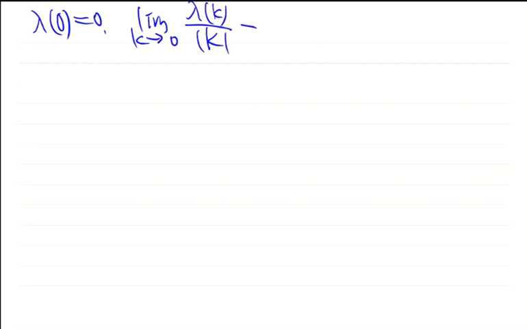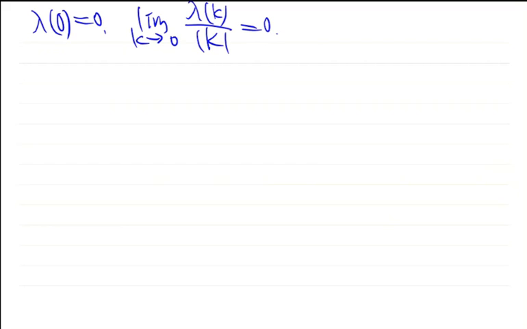firstly, we have two facts. Firstly, lambda 0 is 0. We emphasized this previously. Lambda 0 is 0, and the limit as k goes to 0 of lambda k divided by the norm of k is 0.